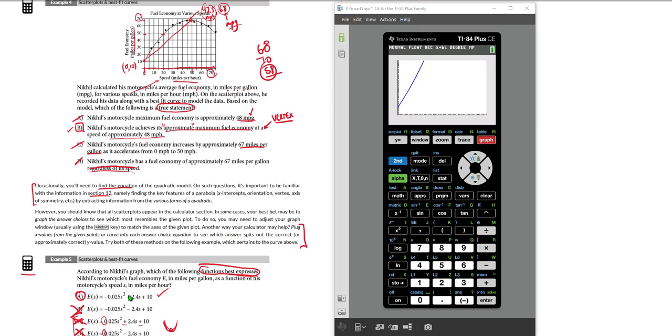Now there is another option that you have on questions like this in which you can plug in points. For instance, let's say I look at that maximum point. Let's say I can see my maximum point is about 48 comma 68.